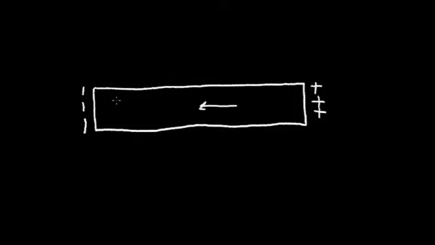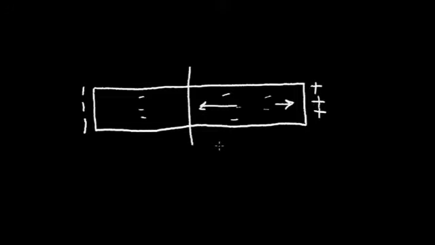And we know that we have a lot of mobile electrons that are free to move within this copper wire. And let's say that we could take a cross-section of this wire and ask ourselves how many electrons will pass this cross-section and be attracted to the positive charge. So we know that any electron in this copper wire will be attracted towards the positive charge.